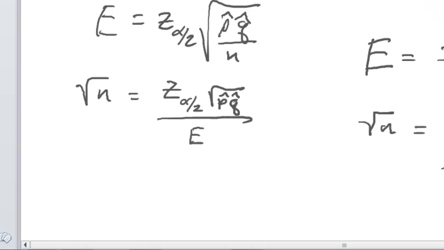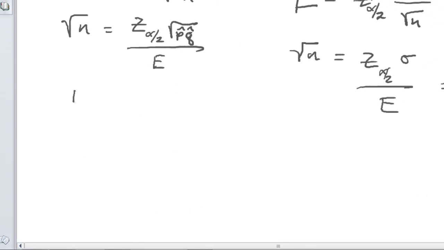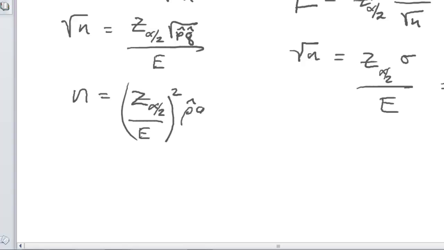So let me scroll down a little. When I square everything, I get n equals z alpha over 2 over e, both of those squared, and then the squaring eliminates the square root there, and so I end up with that. So I can manipulate that formula to get n by itself.